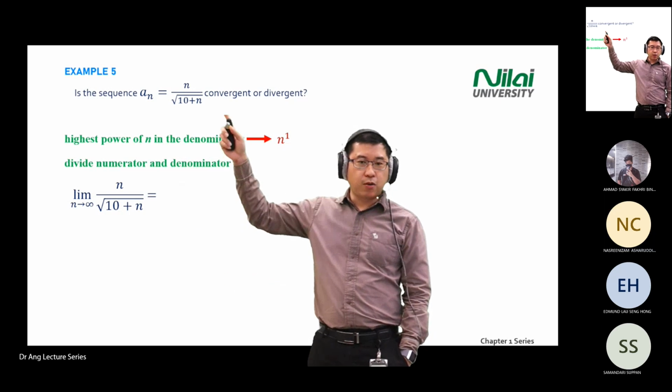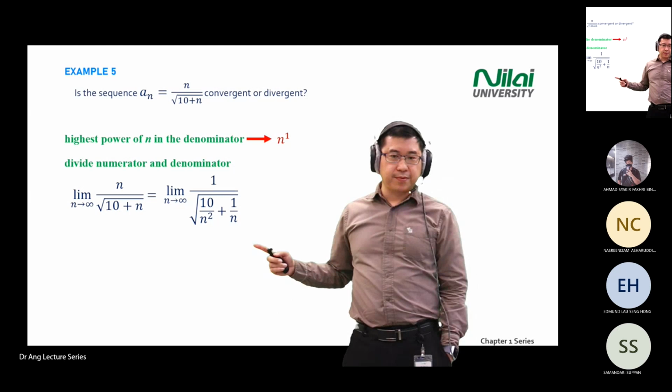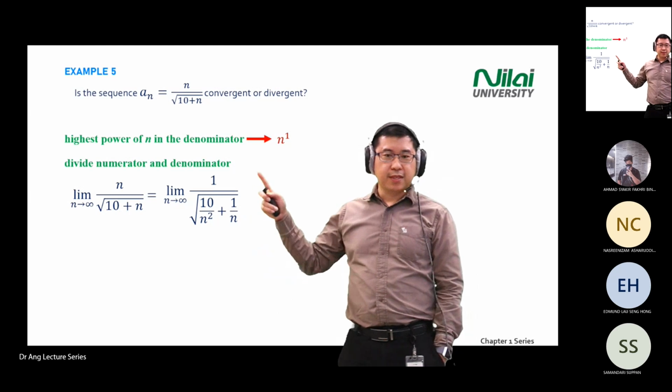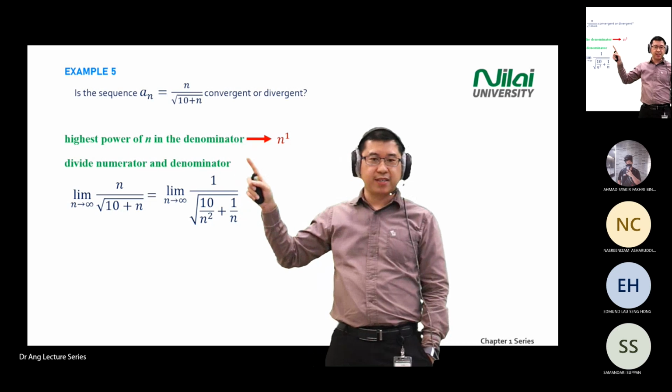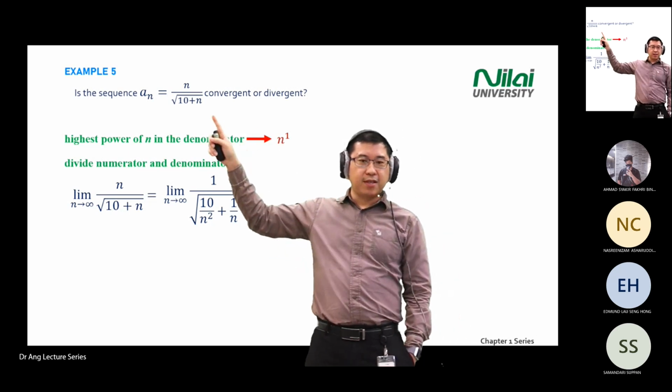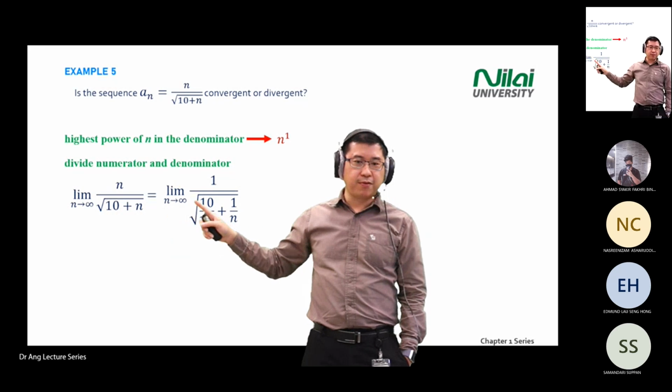So you divide the whole equation with n. You'll get this one. You look at n, n power 1, right? N power 1. So you divide the whole set of equation with n.